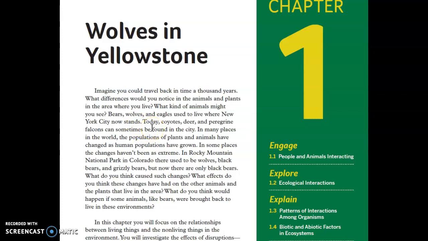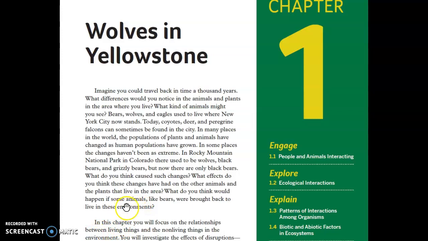Continuing. Today, coyotes, deer, and peregrine falcons can sometimes be found in the city. In many places in the world, the populations of plants and animals have changed as human populations have grown. In some places, the changes haven't been as extreme. In Rocky Mountain National Park in Colorado, there used to be wolves, black bears, and grizzly bears, but now there are only black bears.